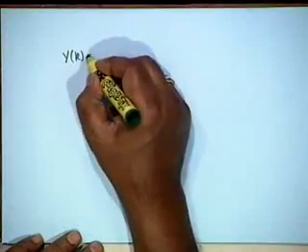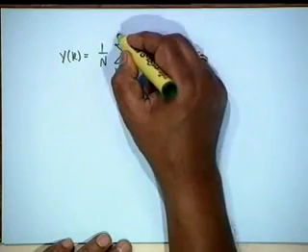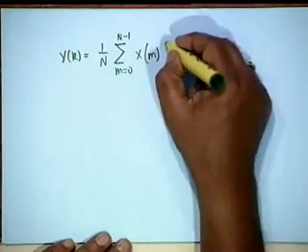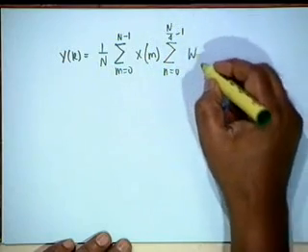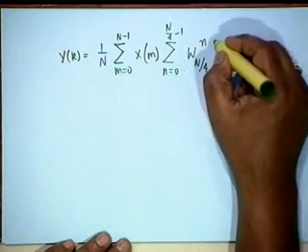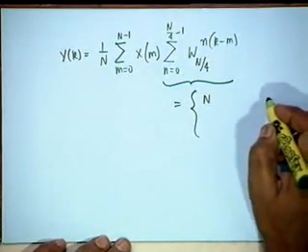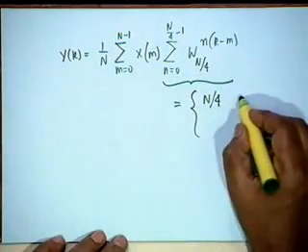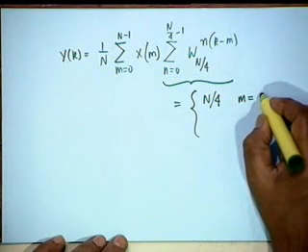I therefore have yk as equal to 1 by n summation after the interchange m equal to 0 to n minus 1, then x of m summation n equal to 0 to n by 4 minus 1 w of n by 4, this is why I convert it to w of n by 4, to the power n into k minus m, and this now is equal to capital N by 4, the number of terms is n by 4, for m equal to k plus n by 4.